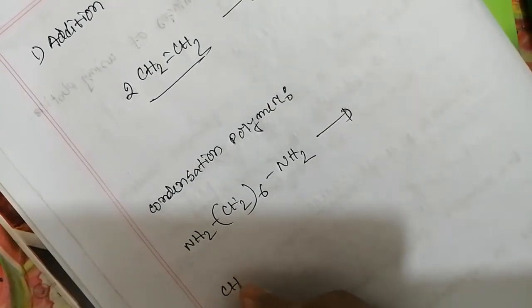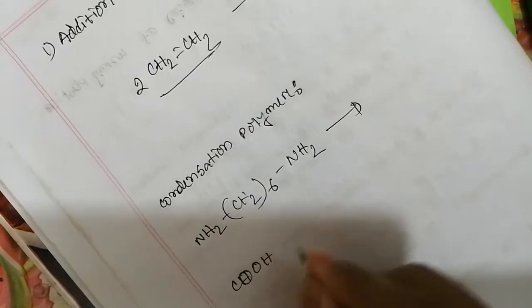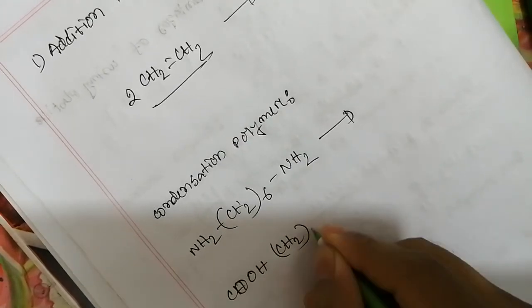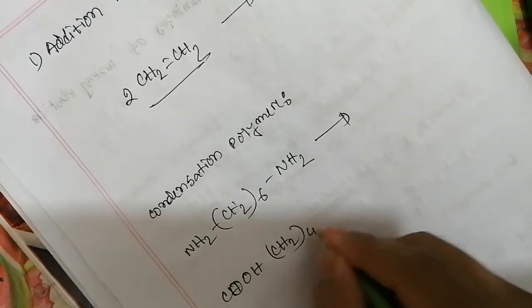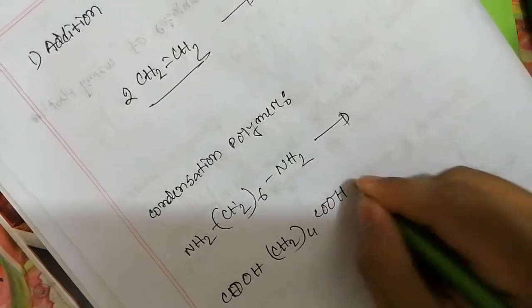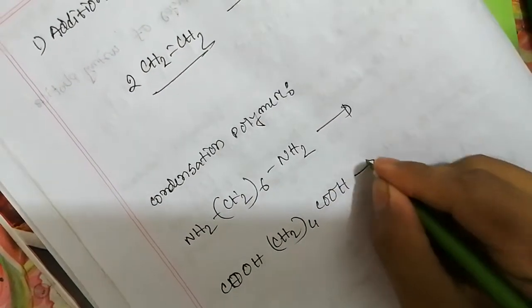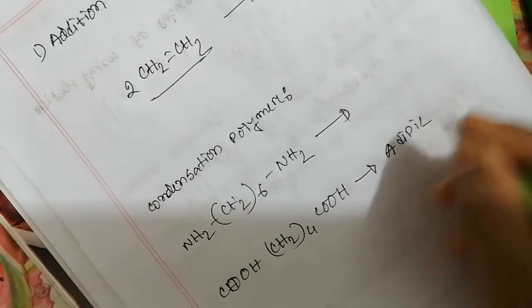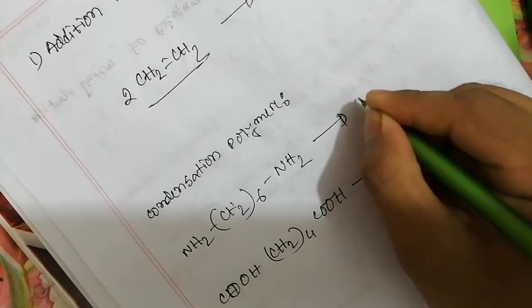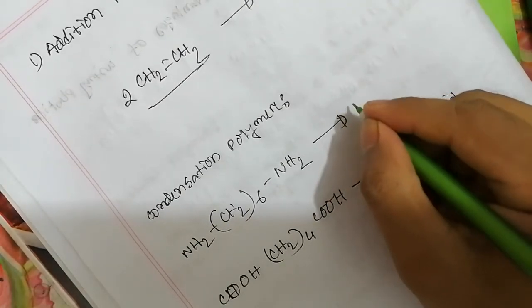This is called adipic acid, COOH-(CH2)4-COOH. And this is called hexamethylene diamine.